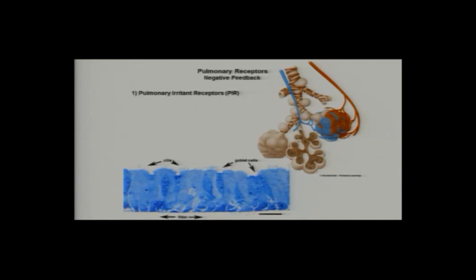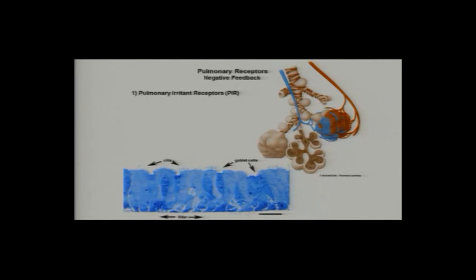It's called columnar because the cells look like big columns, right? And they're ciliated, meaning that they have these little hair-like projections called cilia. Those hair-like projections are constantly waving about to help sweep mucus out of the airway. So dispersed among those epithelial cells are these pulmonary irritant receptors.